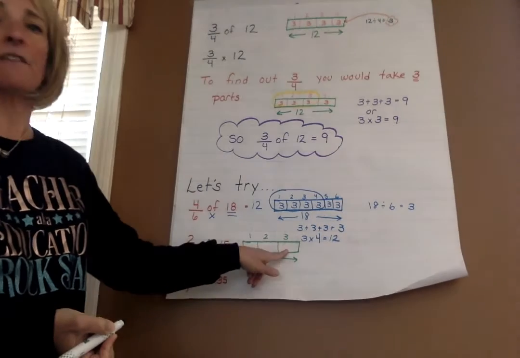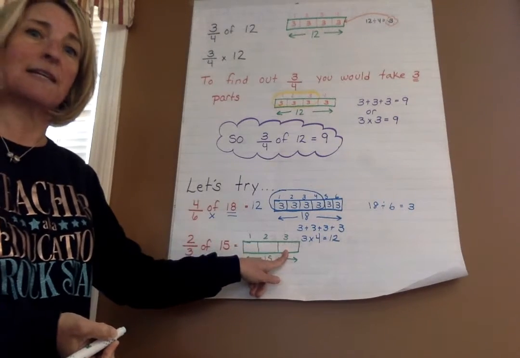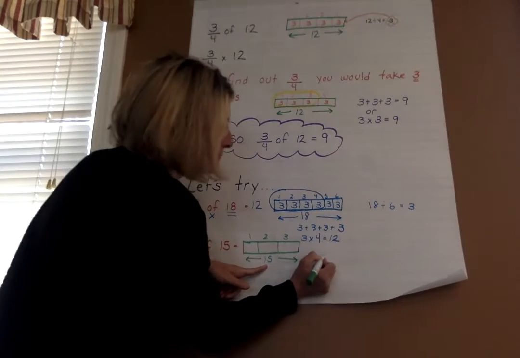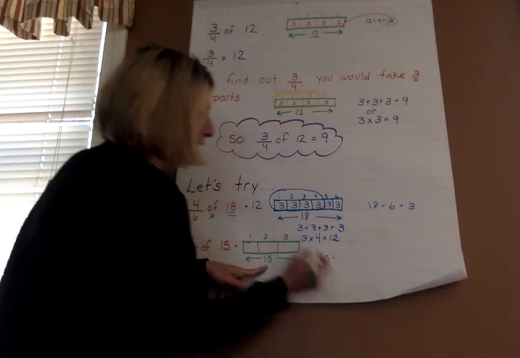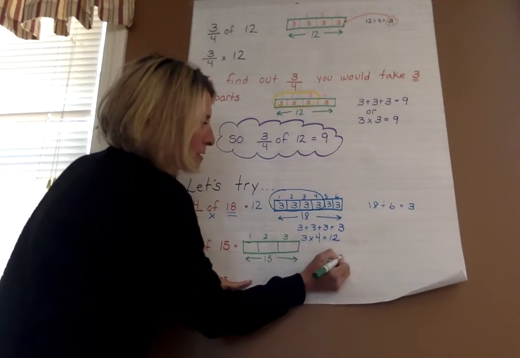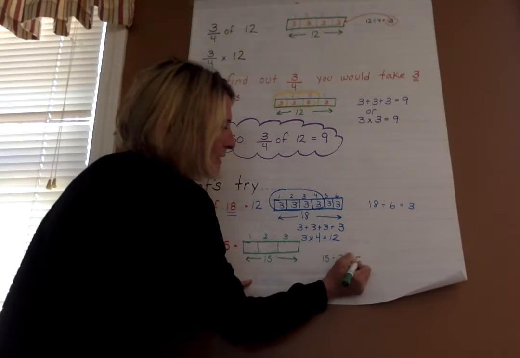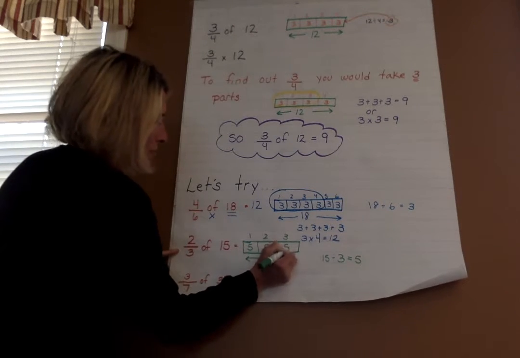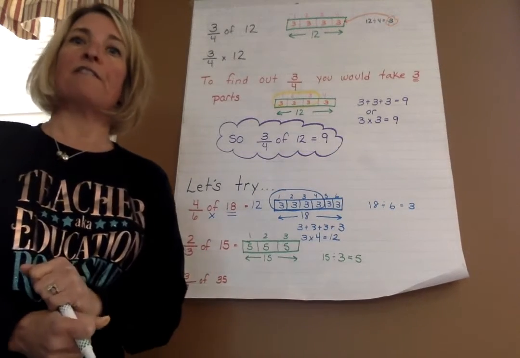I have to figure out what the value of each of these thirds is. So I have to do a division problem. I'm going to do the 15 divided by the 3 groups. So that tells me that each of these groups or each of these thirds is worth 5.